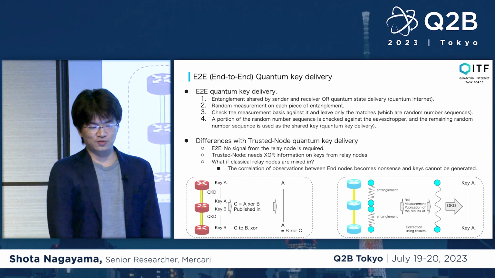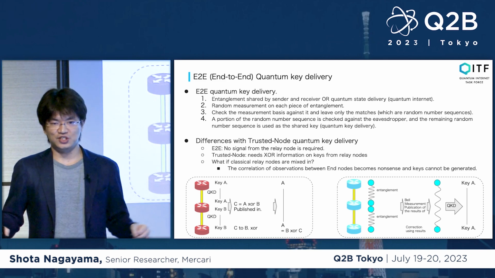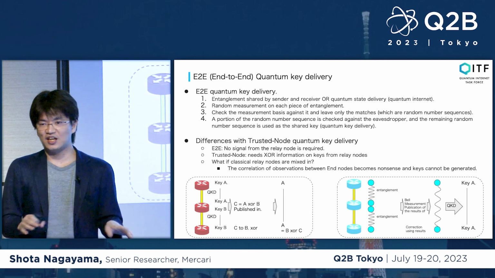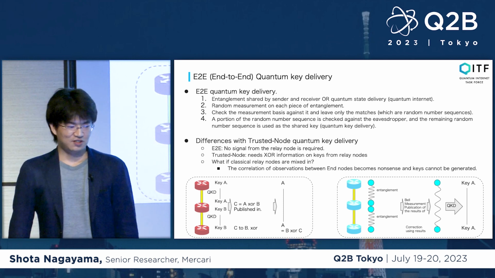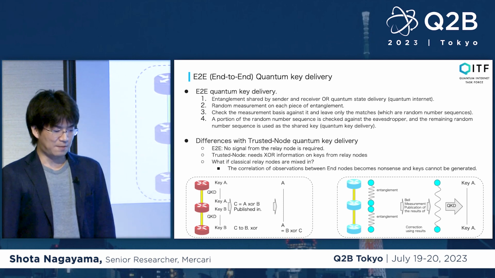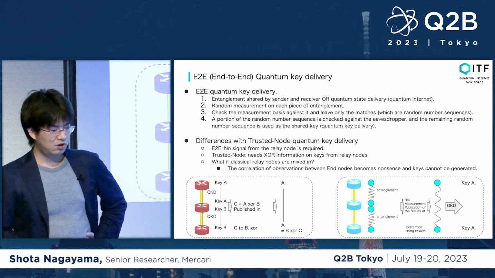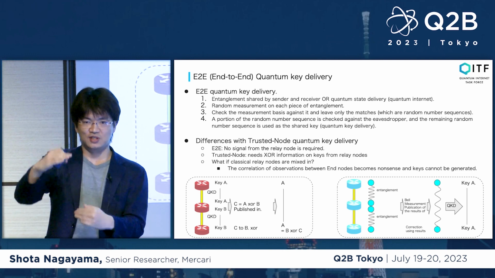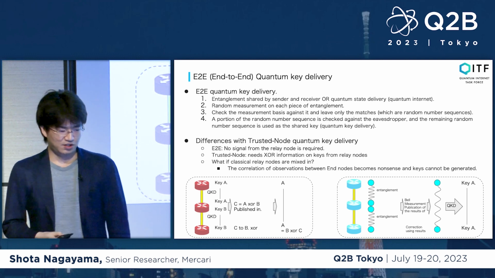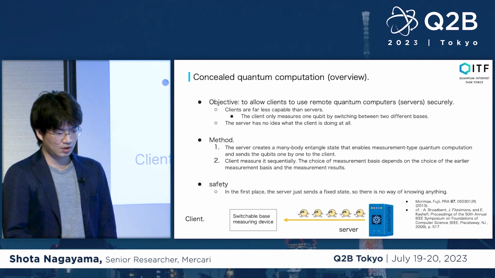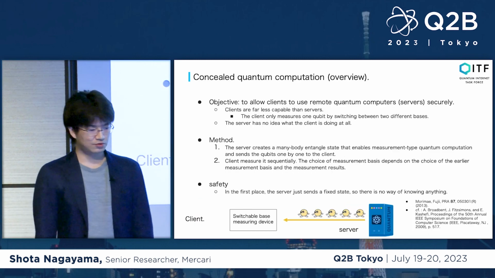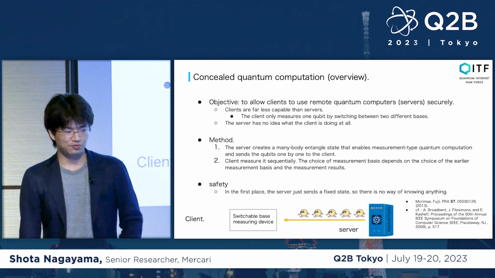However, it would take more than 10,000 years to decrypt the key. On the other hand, on the quantum internet, the necessary information will not be on the internet. That's why the key is quite secure. So the level of security is different between the traditional internet and the quantum internet.